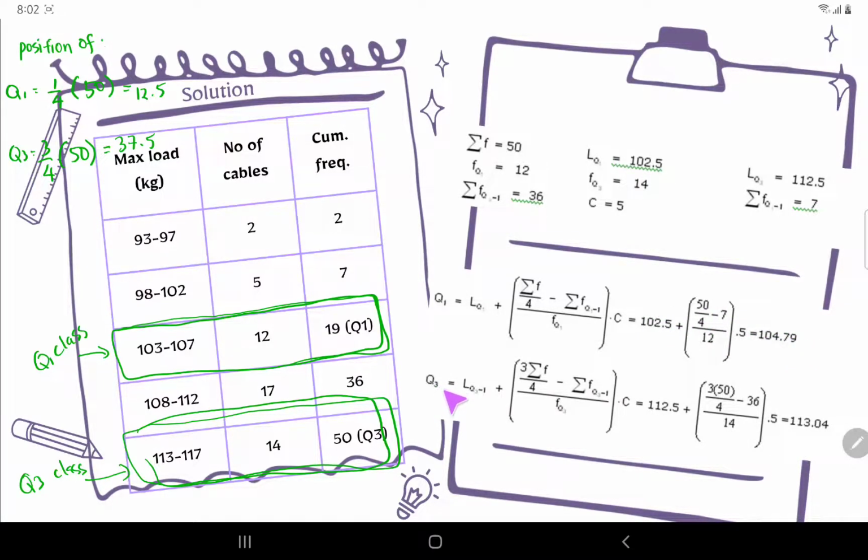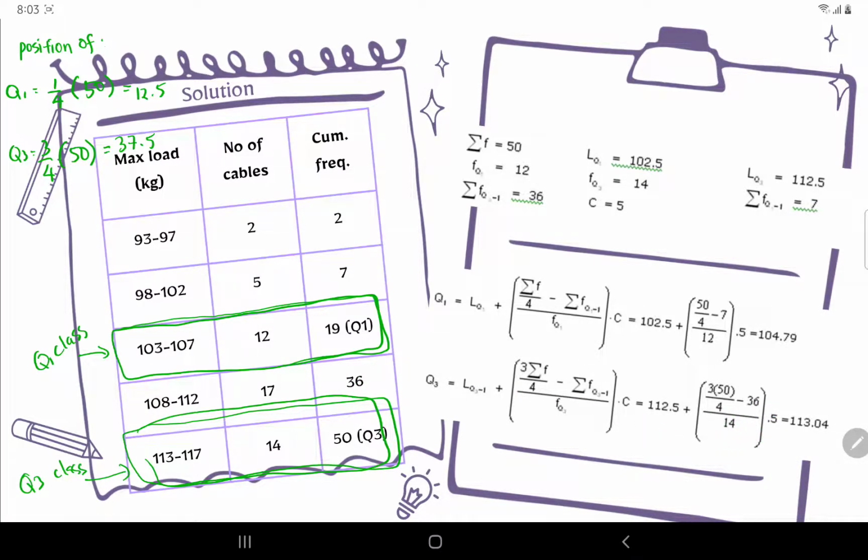Meanwhile, this is the formula for finding Q3. Here our LQ3 is 112.5, the lower limit of this class, between 112 and 113. The formula is 3 over 4 times the total frequency, which is 50, minus the cumulative frequency before the class, which is 36.